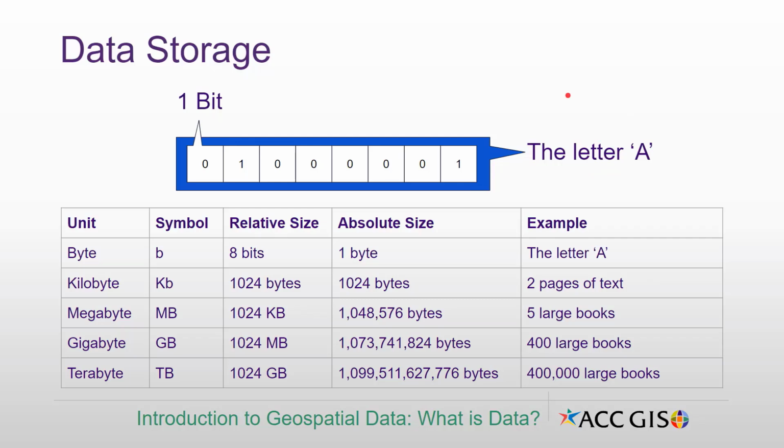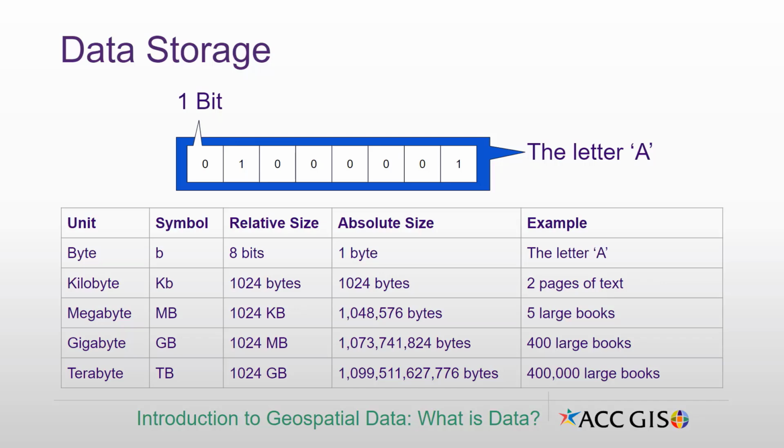Now we add up these bytes to create higher and more complex data sets and larger data sets as well. And so if you look down at the matrix below, you can see that if 8 bits lead to a byte, then 1024 bytes lead to a kilobyte. And the way to think about this, even though it's more correct to be 1024 bytes, is to think about it kind of like the metric system, in that 1,000 bytes leads to a kilobyte.